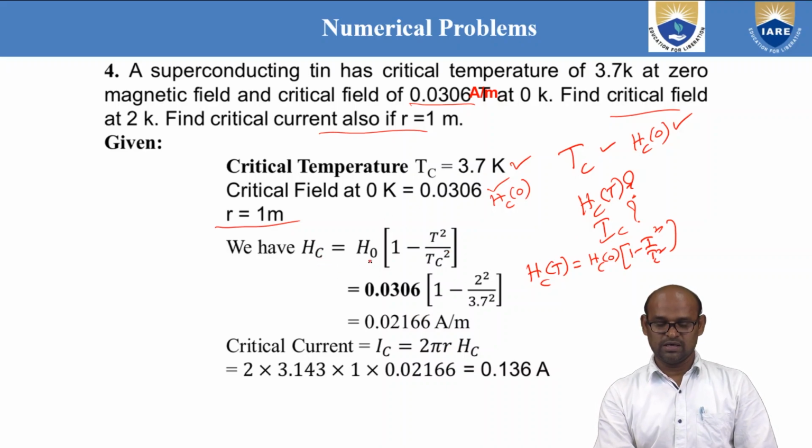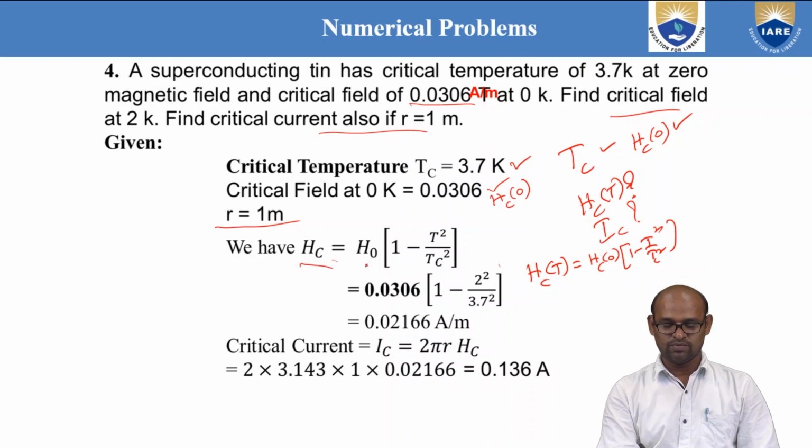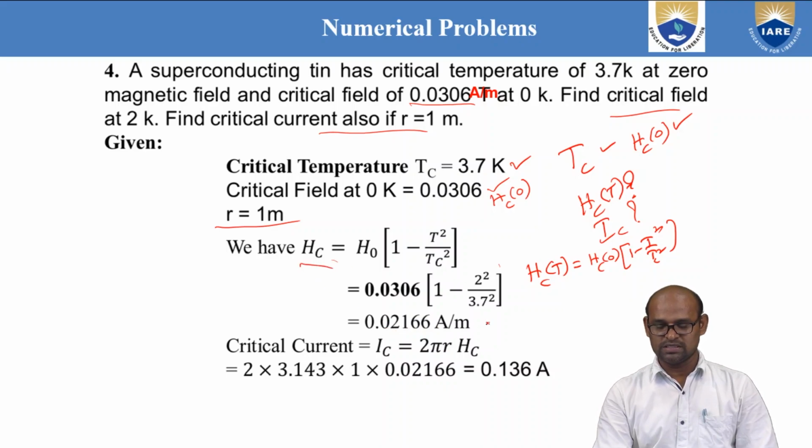Hc of 0 is given as 0.0306 and 1 minus T square, where temperature T is 2 Kelvin, so T square is 4, and Tc is given as 3.7, so square that out. By substituting all the values of Hc of 0, T and Tc, we get the critical field Hc, which is around 0.02166 amperes per meter.